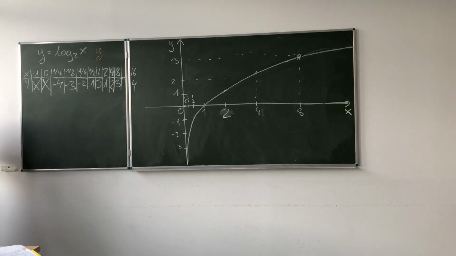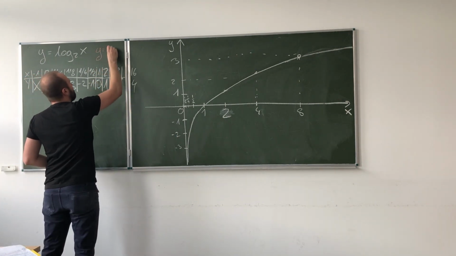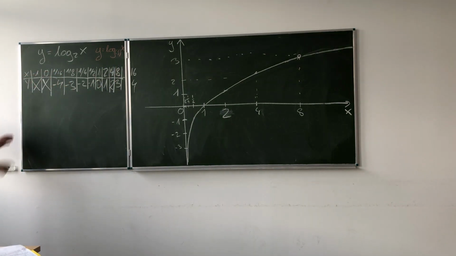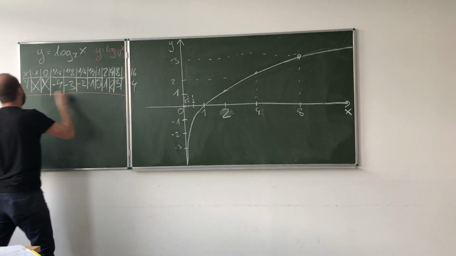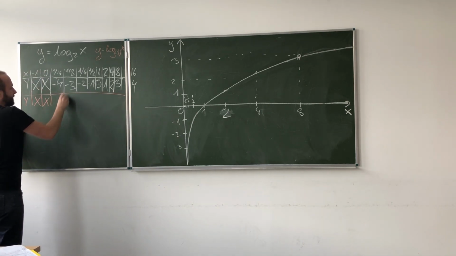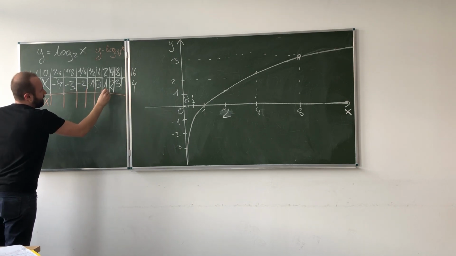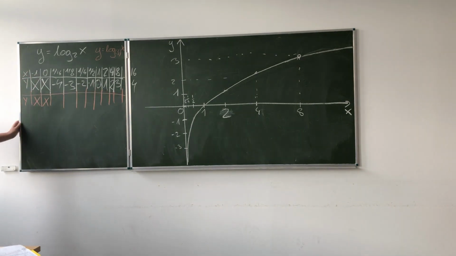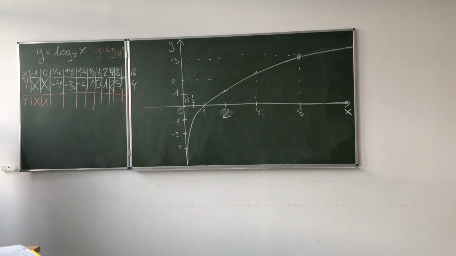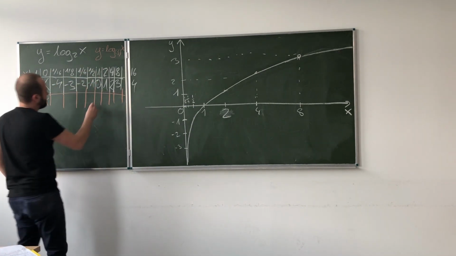Okay, and now let's see what happens if instead of logarithm with base 2, we have logarithm with base 1 over 2. Again, let's do the table. To which power do I need to take 1 over 2 in order to get 1? 0.